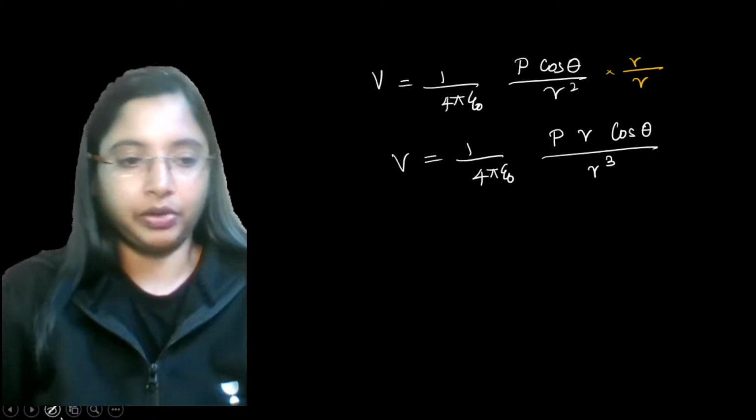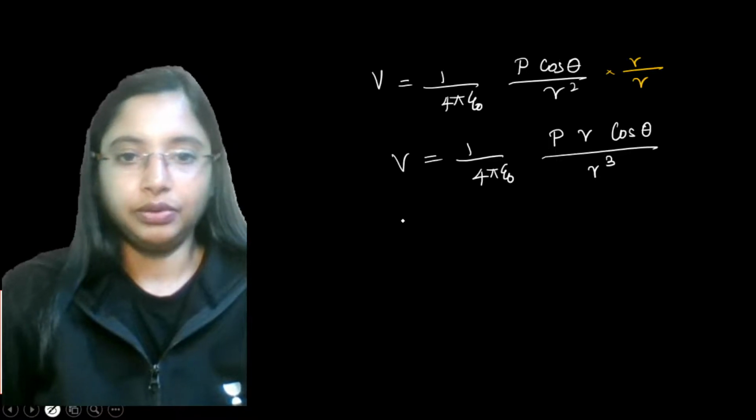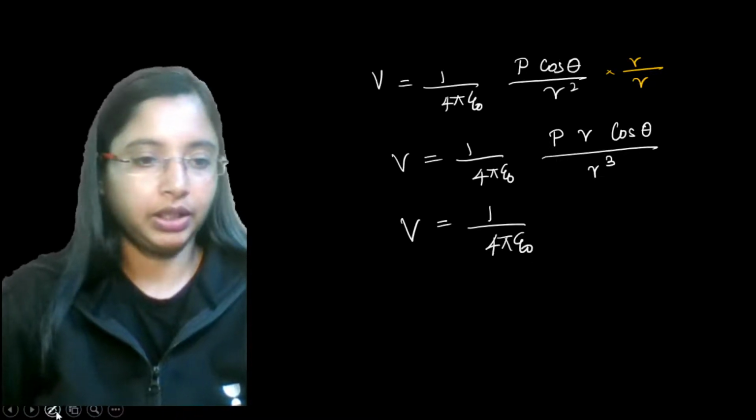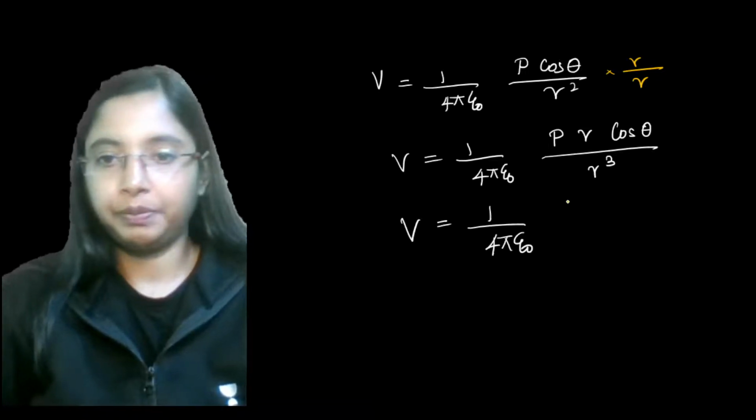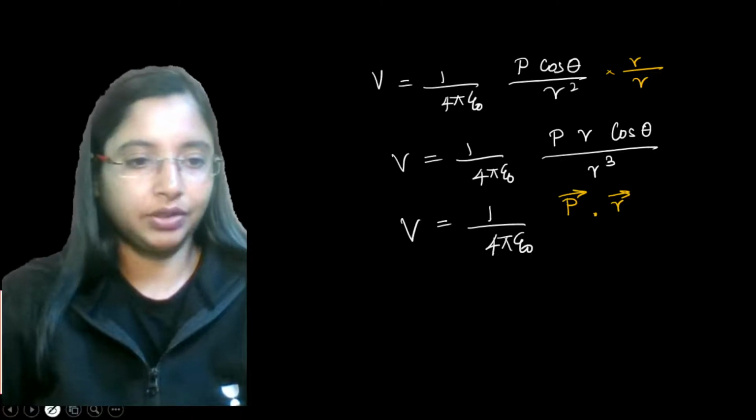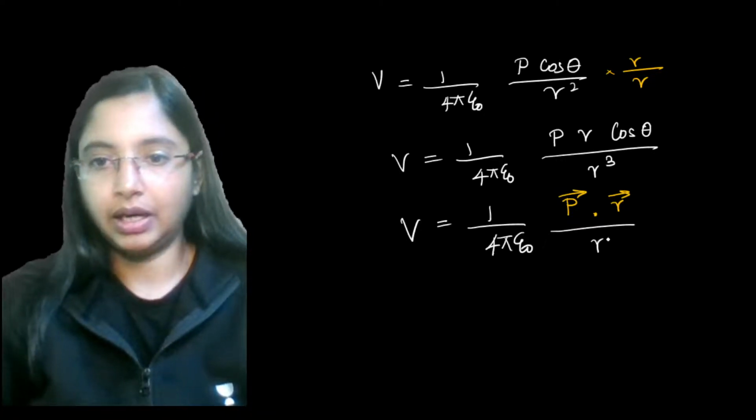Since it is a dot product, this equation now becomes 1 by 4 pi epsilon naught, P vector dot R vector by R cube.